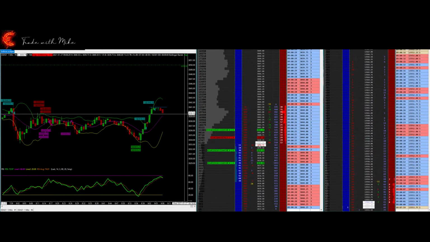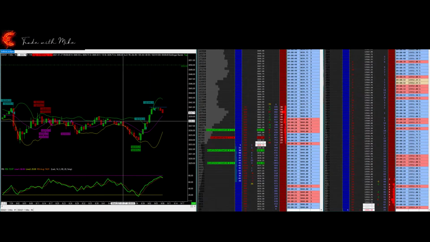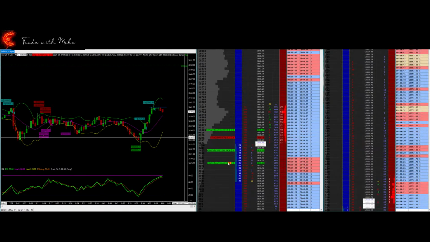But if it goes down, I make 5 and 10. If it goes to 38, that would be somewhere here. I could go even over into 37 here. But I have to get filled first.